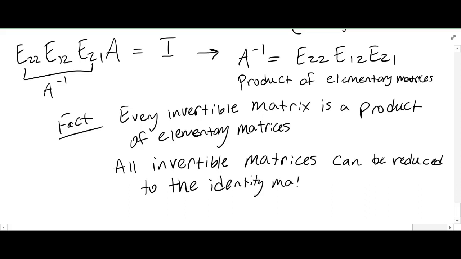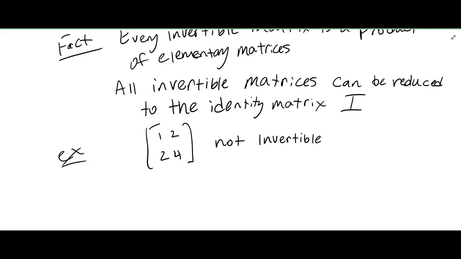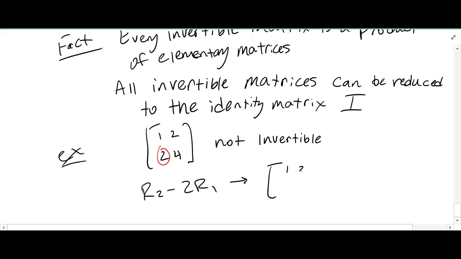So, for example, the matrix 1, 2, 2, 4 is not invertible because the second row is just 2 times the first row. So if you tried to reduce that matrix to the identity matrix by like reducing this entry to 0, you would do row 2 minus 2 row 1, but then you would end up with a 0, 0 at the bottom.